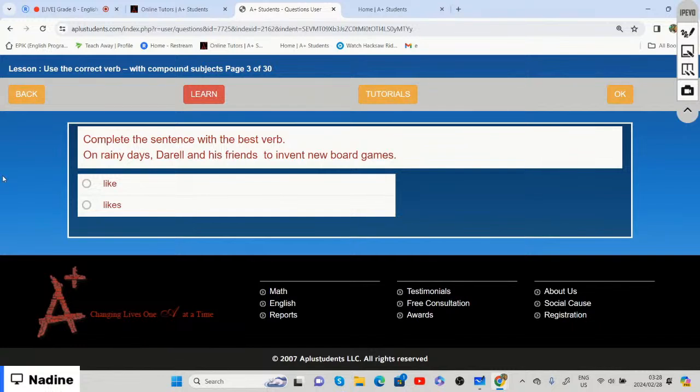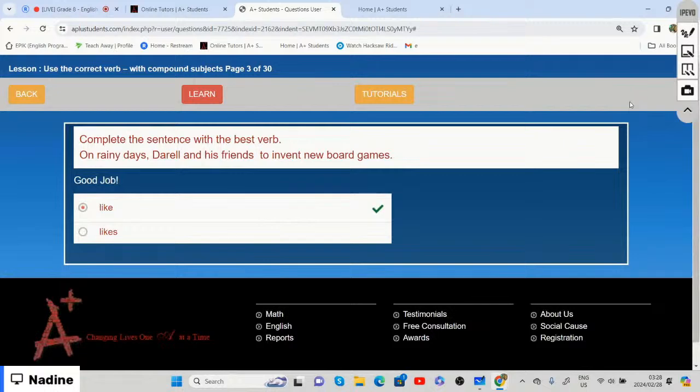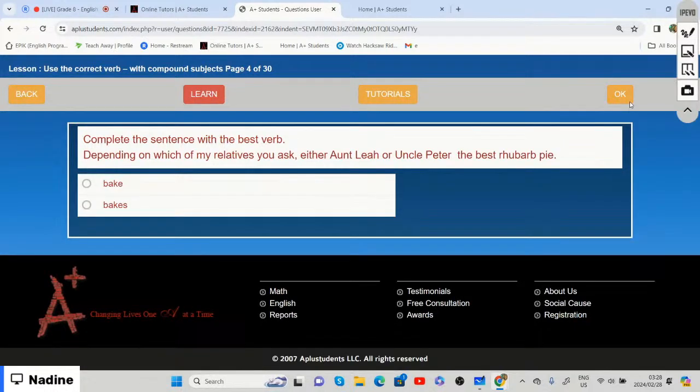So we said on rainy days, Daryl and his friends like to invent new board games. So like is correct because Daryl and his friends on rainy days like to invent board games.